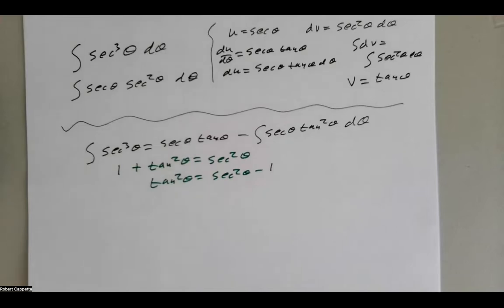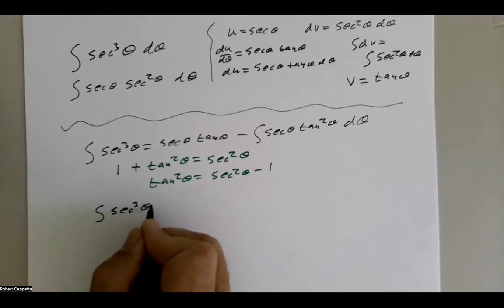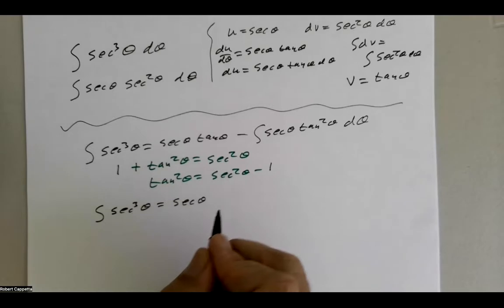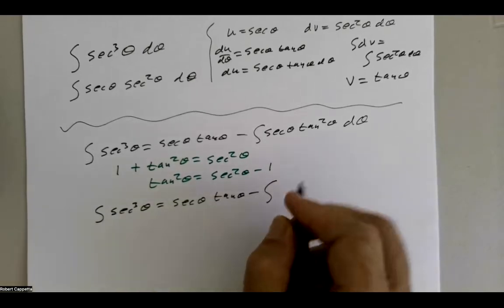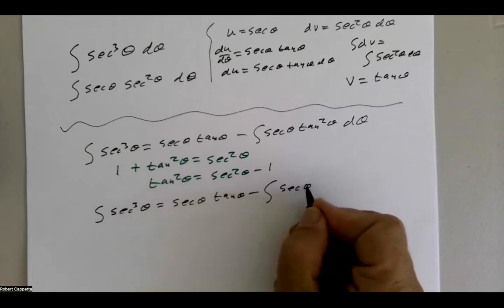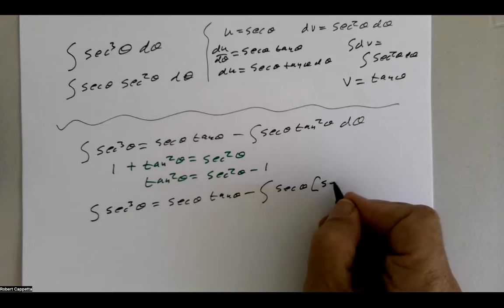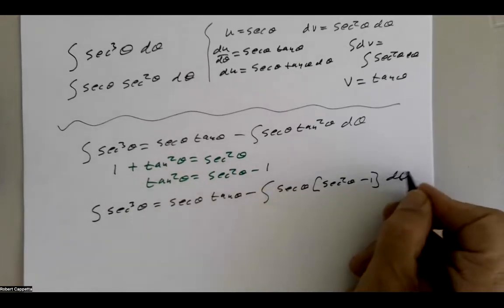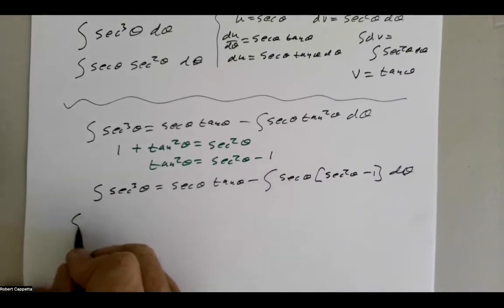Now I have the integral of secant cubed theta equals sec theta tan theta minus the integral of sec theta times secant squared theta minus 1, d theta. And we keep on working.